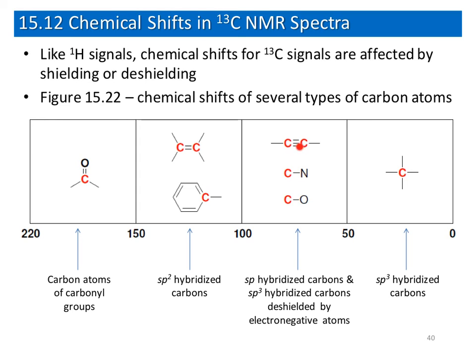So carbon-carbon triple bond appears in this region. Carbon-carbon double bond or sp2 hybridized carbon appears between 100 to 150. And carbonyl C=O double bond, we usually expect to see somewhere between 150 to 220 ppm.